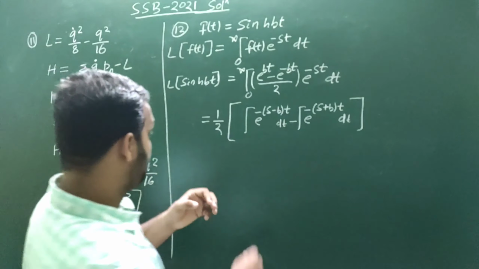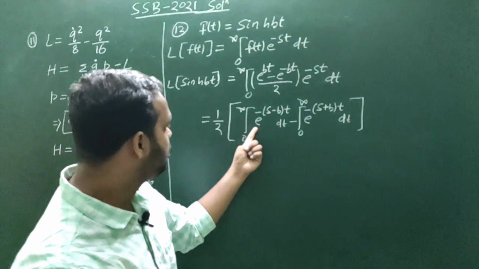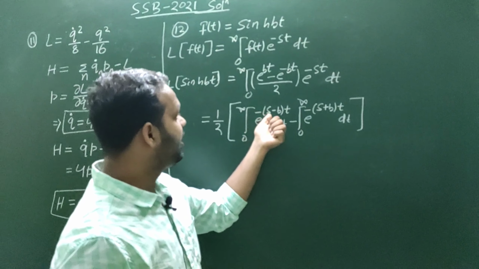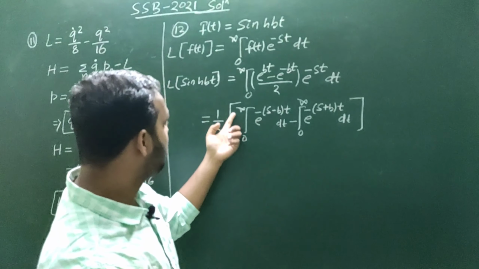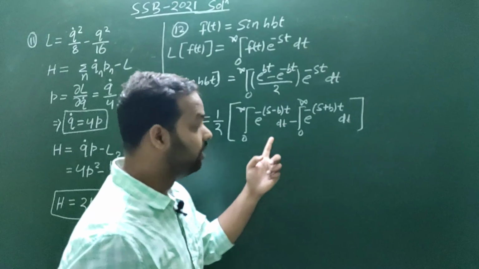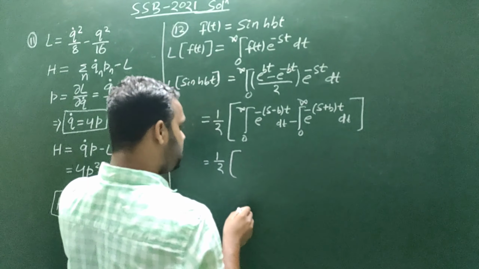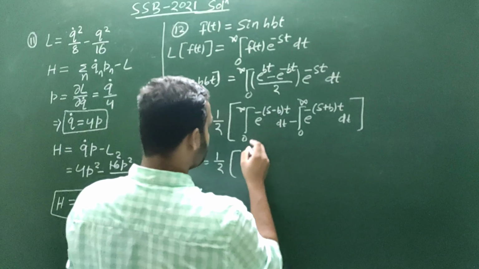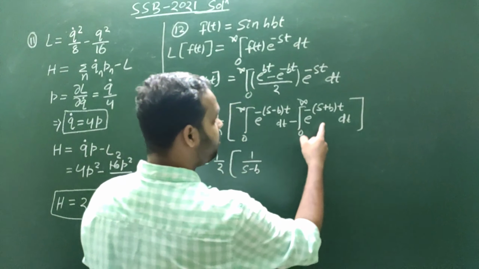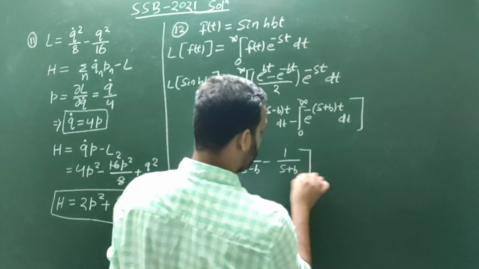And you know the limit is from 0 to infinity, and if you do this integration, it will be e to the power minus s minus b into t divided by minus of s minus b. If you put the limits, e to the power minus infinity will be 0 and e to the power 0 will be 1. Just integrate and put the limits. This will give you 1 by s minus b, and the second term will give you minus 1 by s plus b.